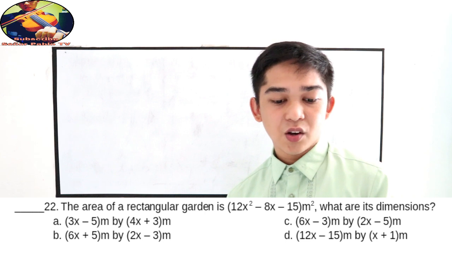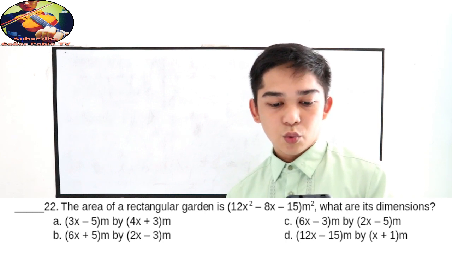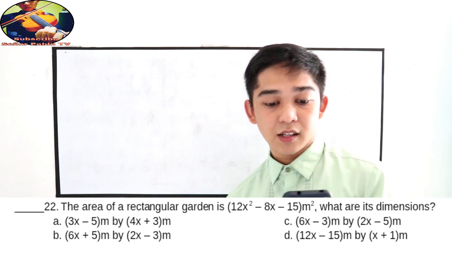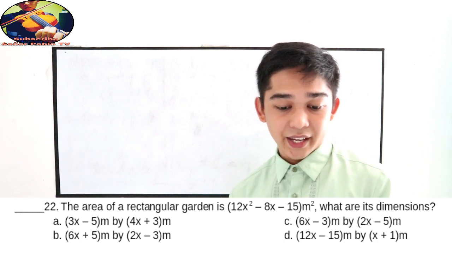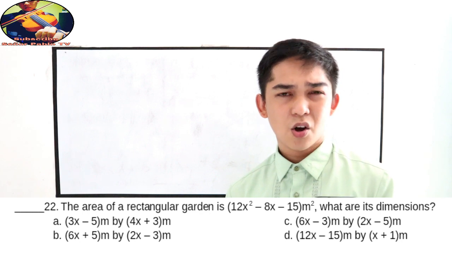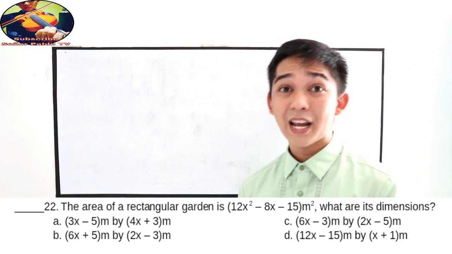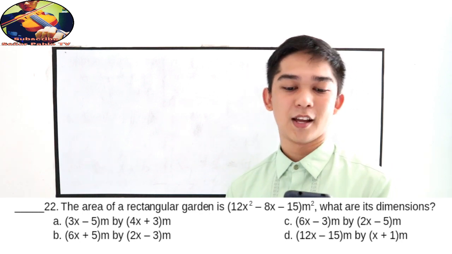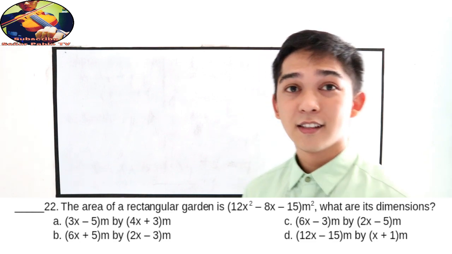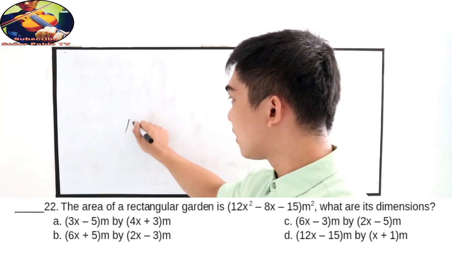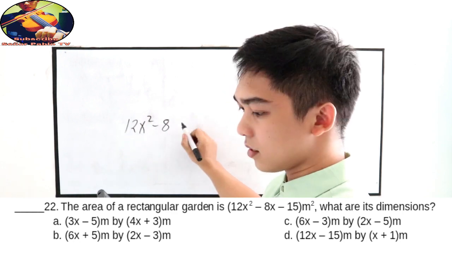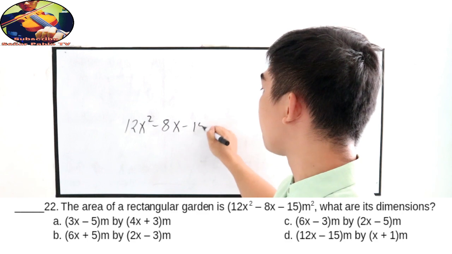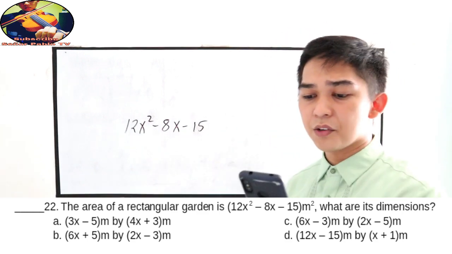Next, 22. The area of a rectangular garden is 12x squared minus 8x minus 15 meters squared. What are its dimensions? So, kukunin natin yung dimension niya, kukunin natin yung factored form niya. 12x squared minus 8x minus 15.